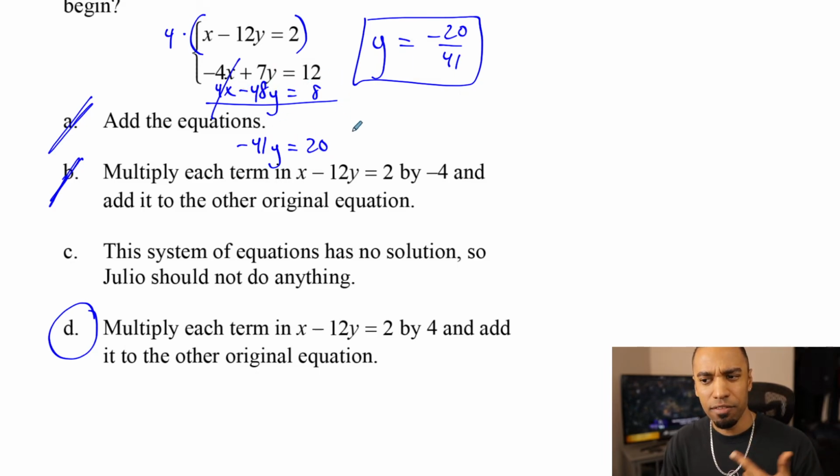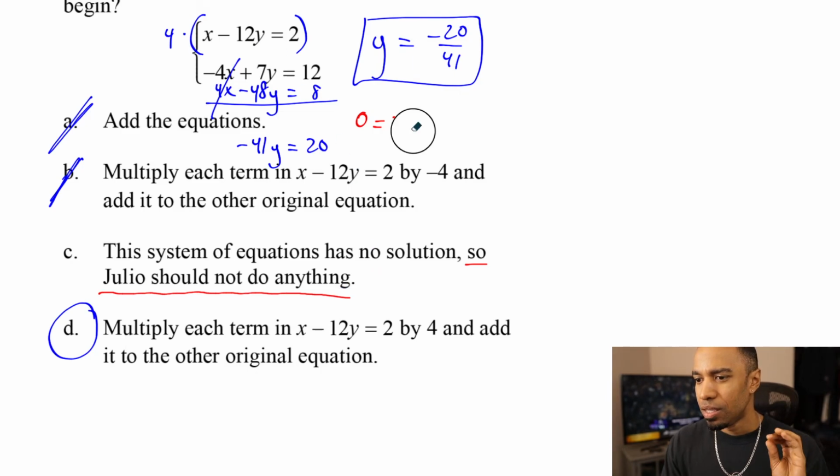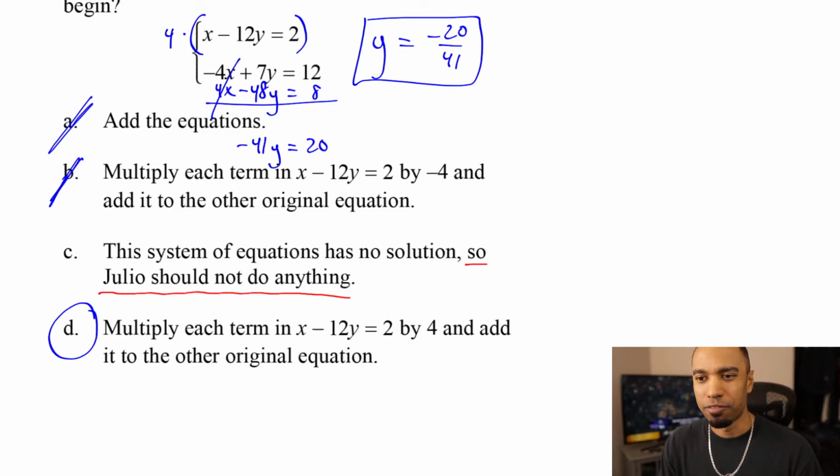But here's the thing. Even if we had 0 equals 20, and we said no solution and all that, I still don't like C's answer because of this. Julio should not do anything. You've got to determine that it's no solution first to make this thing happen. So Julio has to do something to show that it's no solution first. Going to 0 equals 20 should make that happen.